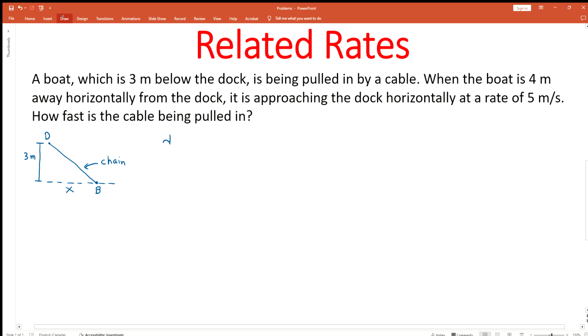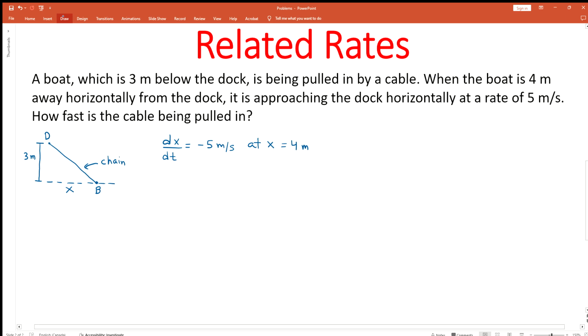Therefore dx/dt is equal to -5 meters per second at x equals 4 meters. The value of dx/dt is negative because the boat is approaching the dock, and as a result the value of x is decreasing over time. This is a very important concept we need to understand to solve this type of problem.